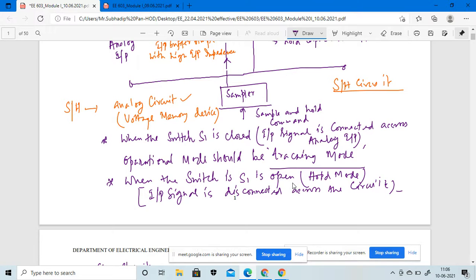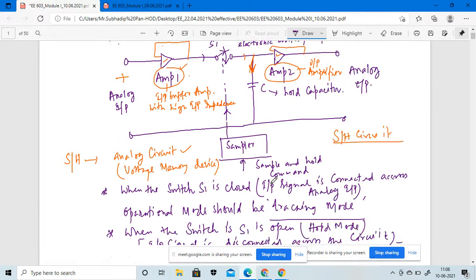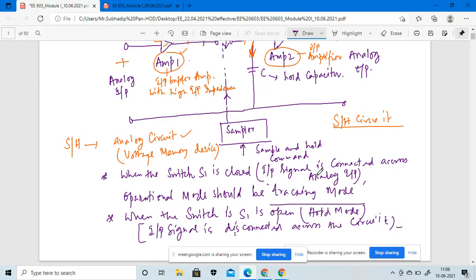Then what will be the function of this hold capacitor? When the switch is closed, that means when the input signal is connected, the operational mode is the tracking mode. That means some of the input signal enters the switch, and the switch acts accordingly. So the charge of the capacitor in the circuit tracks the input voltage.